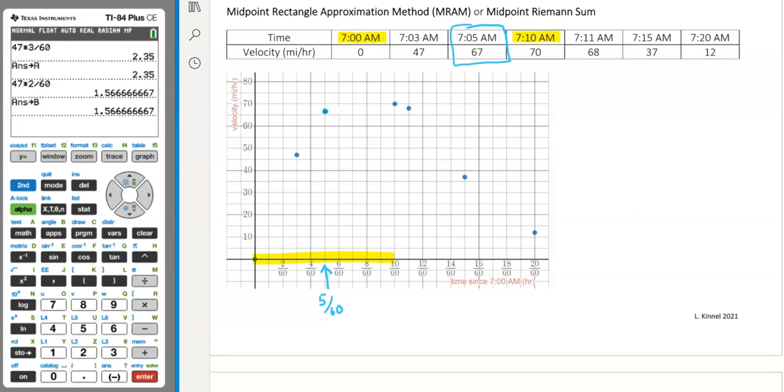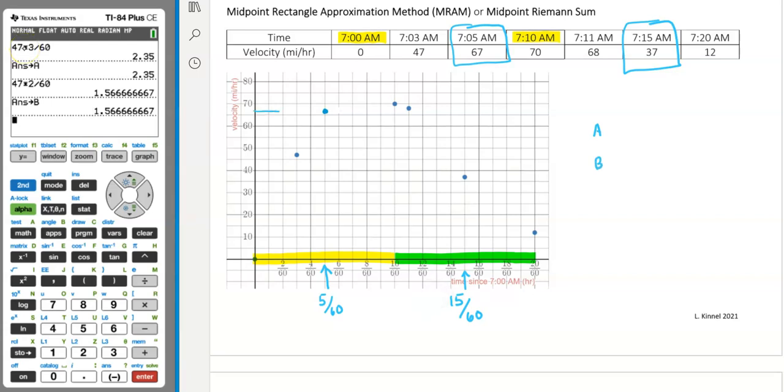Similarly, if we look at the time interval from 7:10 to 7:20, the midpoint of that is 15/60ths, and we have a value for the velocity at 7:15. So when doing a midpoint Riemann sum with this data set, rather than having change in position on intervals A through F, we're just going to have estimates for change in position A and B, just 2 rectangles worth.